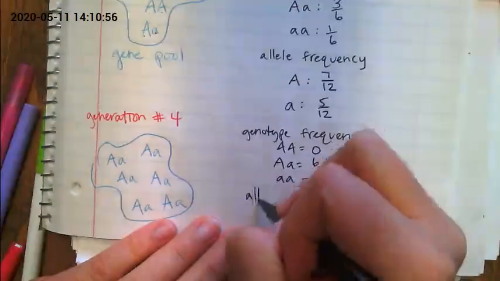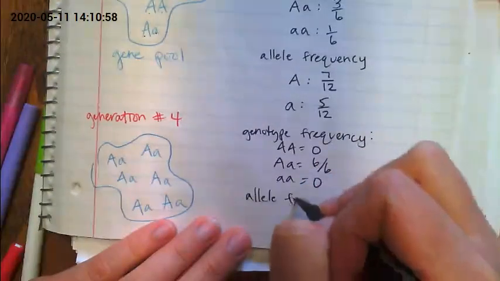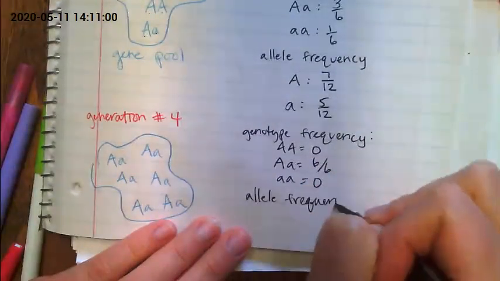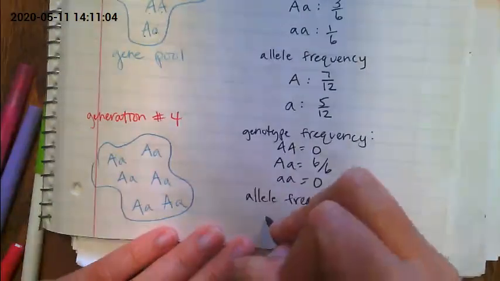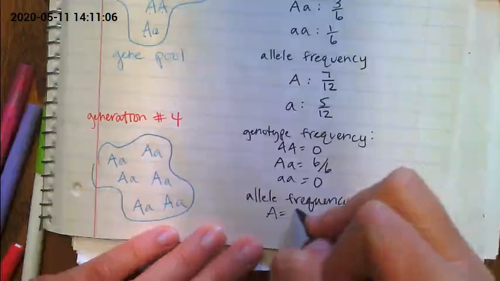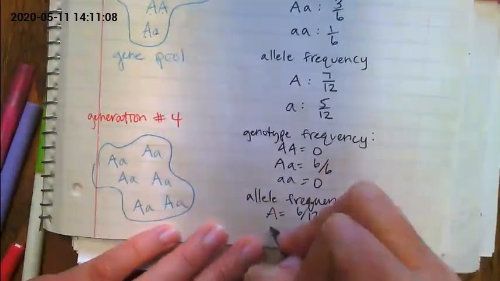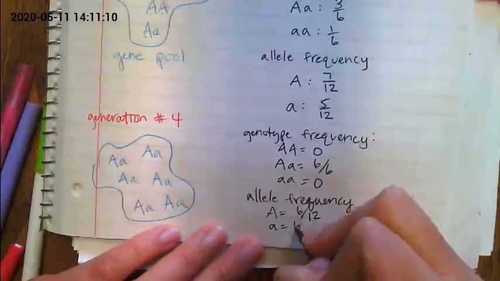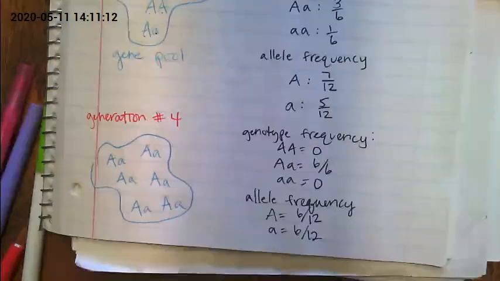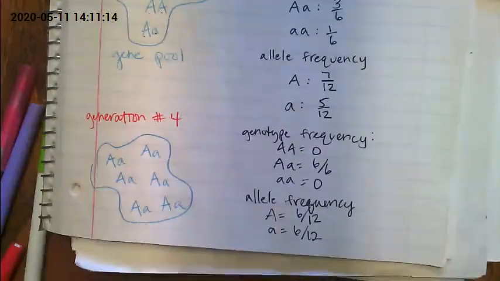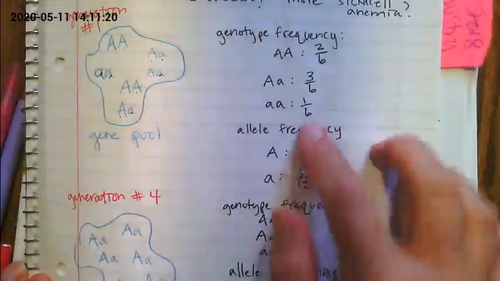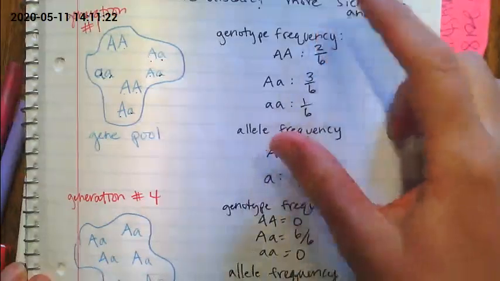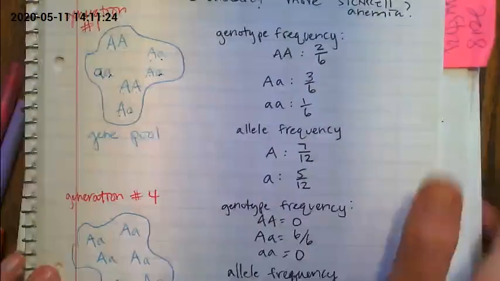All right, allele frequency. Okay, for our big A's, we have 6 out of 12, and for our recessive A's, we have 6 out of 12. Okay, so has this population changed? Have the frequencies of alleles and genotypes changed between the first generation and the 4th generation?